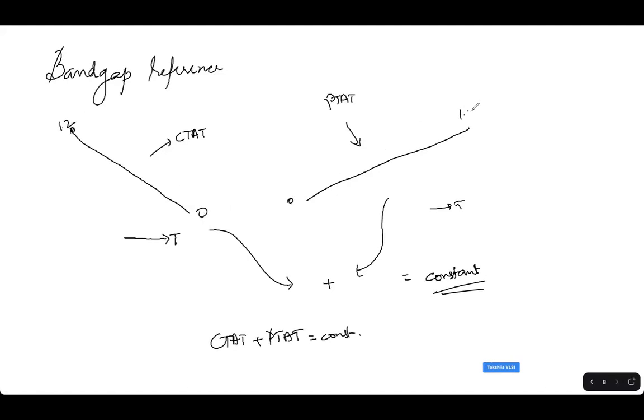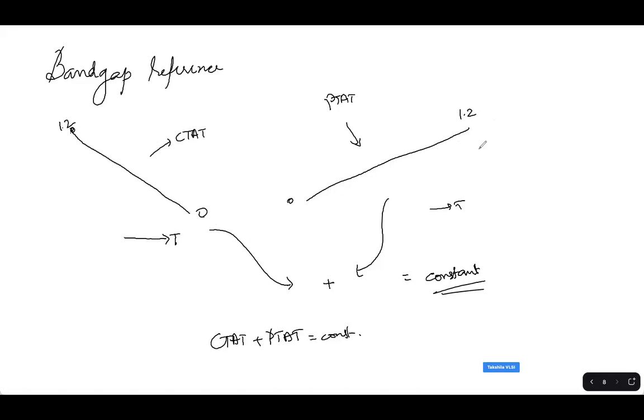This voltage is increasing from 0 to 1.2 volt. At the lowest temperature, you add them up, 1.2 plus 0, you get 1.2. At the highest temperature, you add them up, 0 plus 1.2, 1.2 again. So at every middle point, you add them, you will always get 1.2 as output voltage. That is where the addition of PTAT and CTAT voltages gives you a constant voltage.